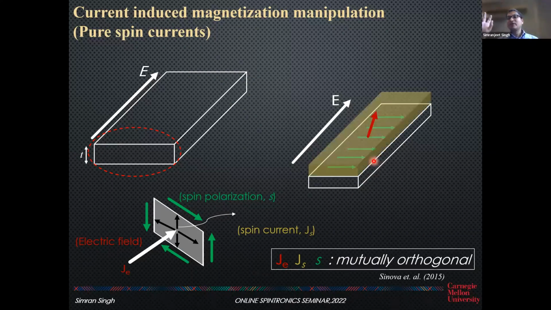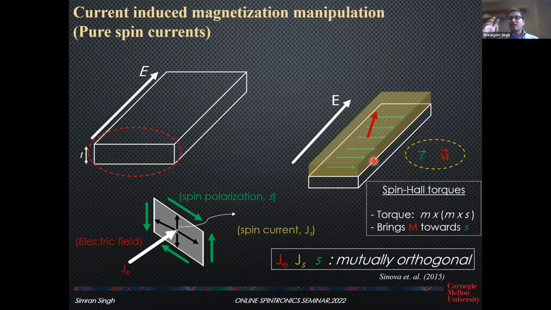And now if I put a magnet near it, if I put a ferromagnetic layer, or for that matter an anti-ferromagnetic layer, it doesn't really matter, then these spin currents can interact with the magnetization, and this can induce some kind of torque on it.